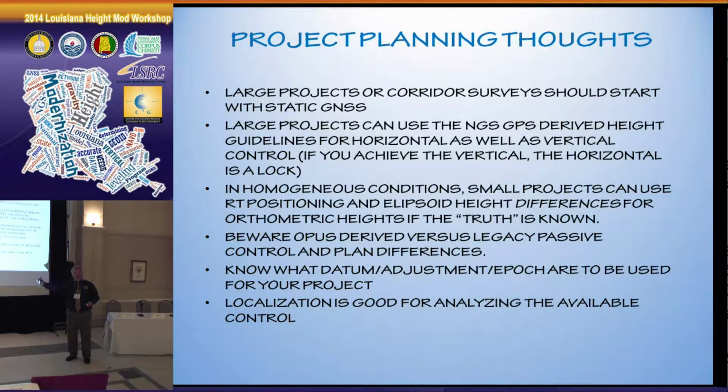If that real-time network is supposedly aligned to the National Spatial Reference System, we have to make sure what adjustment of that datum it is using. So we have a lot of plans that are legacy. We have a lot of leveling that's legacy. It makes it a little bit tough, but we have to deal with it.